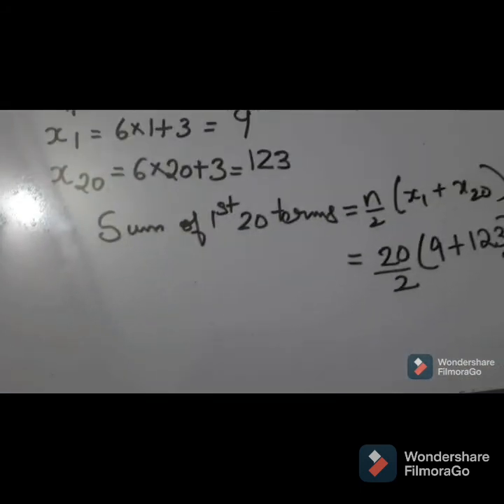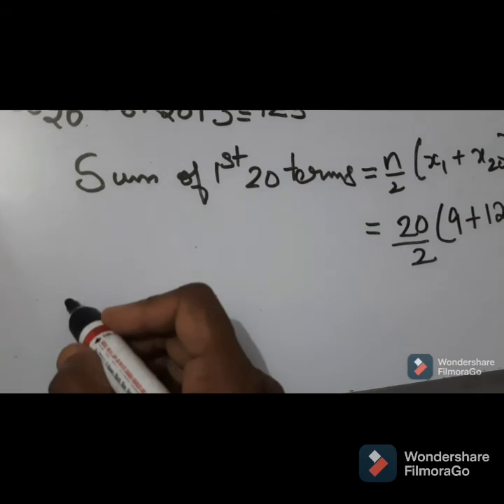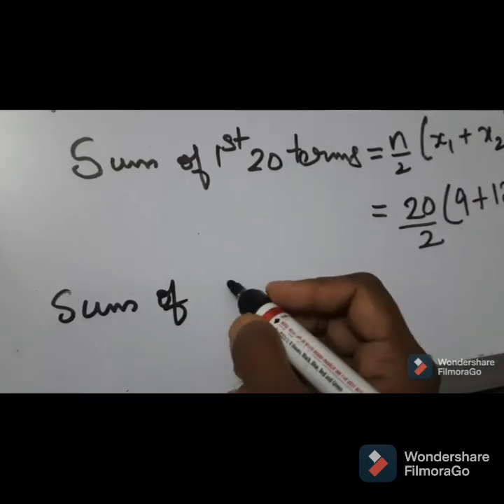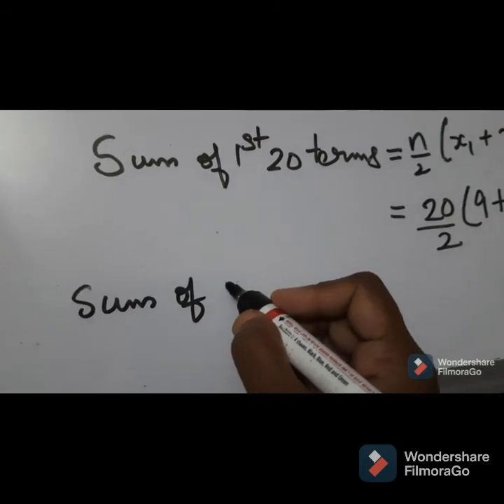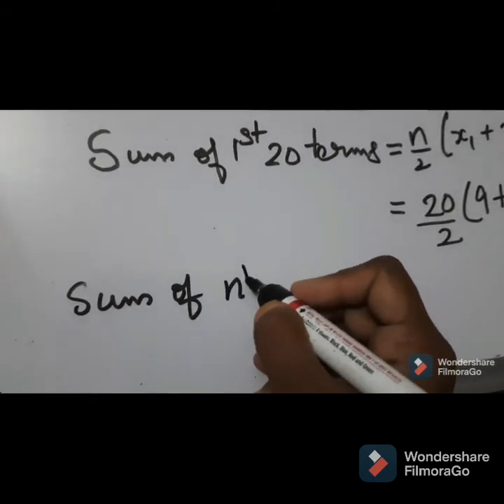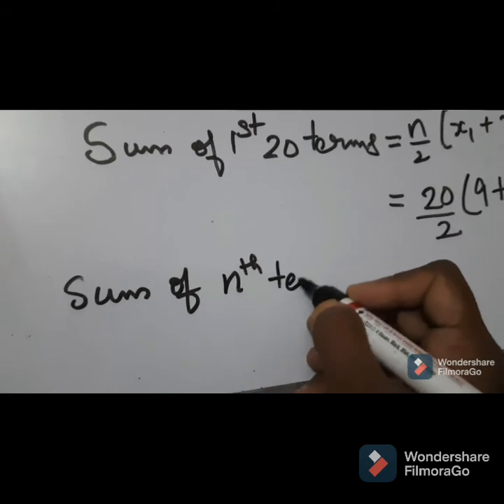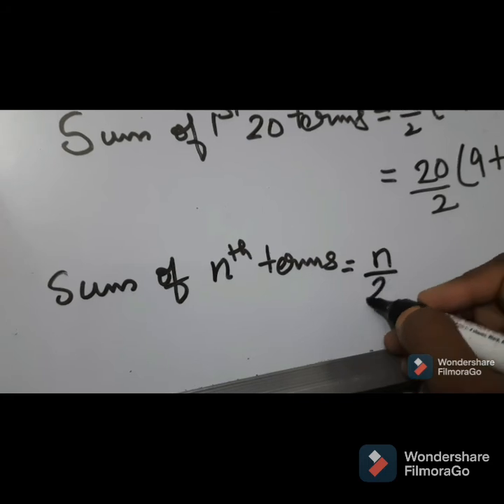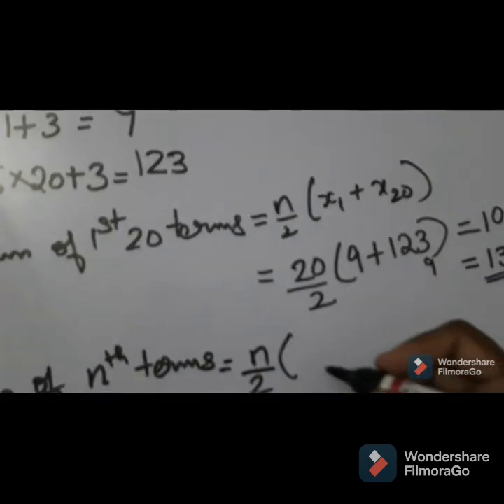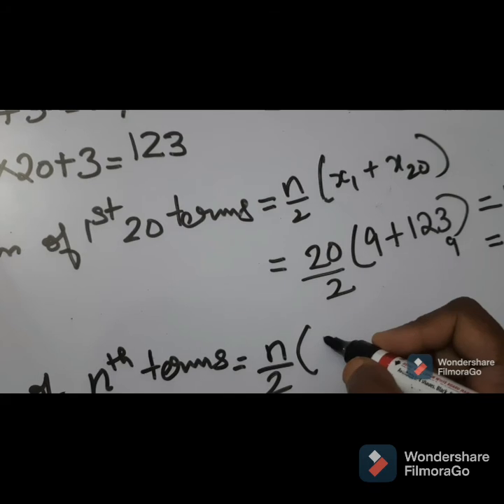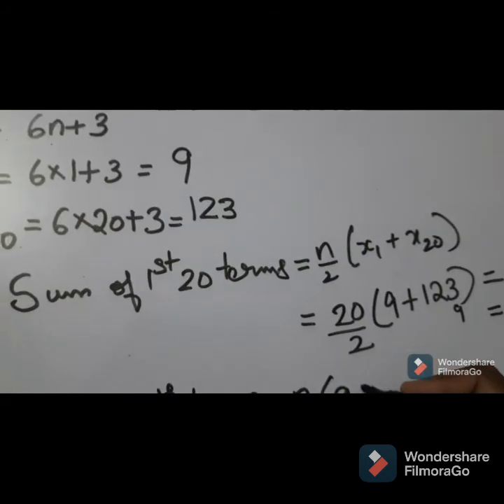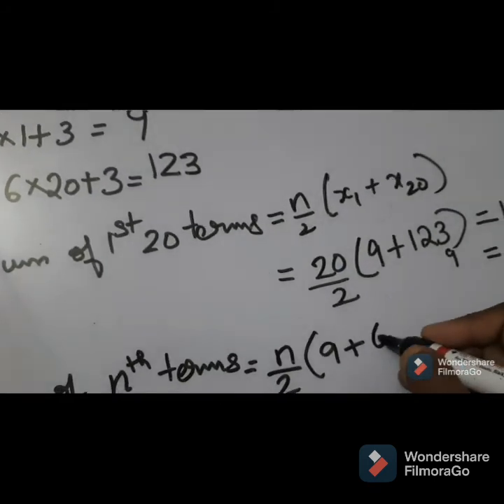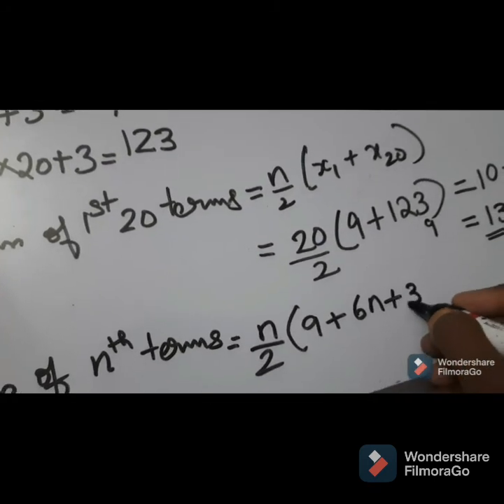Now we want the expression for the sum of n terms. That means n by 2 into, what is the first term? That we know as 9. First term is 9 plus, what is the nth term? 6n plus 3.